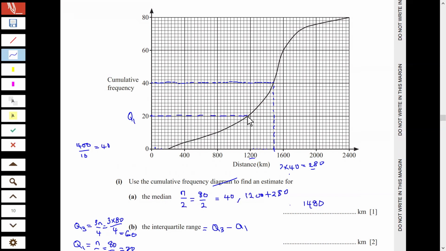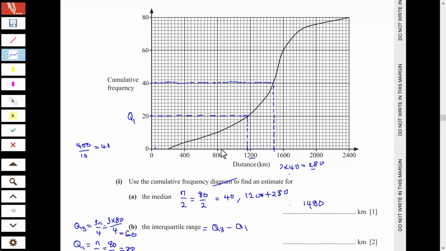So when you get to this point, the point where it intersects the curve, you have to trace it down to find the exact value for Q1. By tracing down in this form, we have this point. So we can now say Q1 here will be, let's count the number of lines we have.